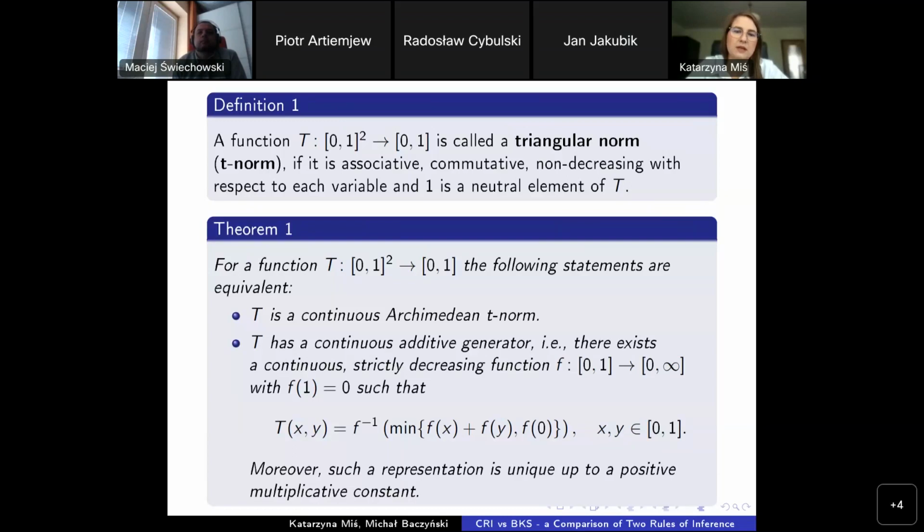And according to this definition, we can distinguish, I would say, many different families of t-norms. But here I would just like to give one characterization for some particular t-norms, because I will mention them later.